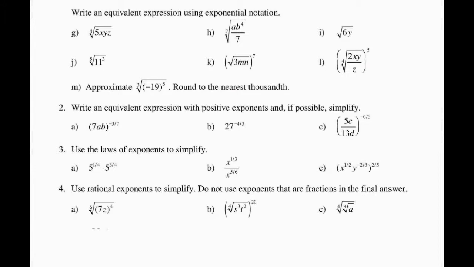Now, in doing these, we want to write equivalent expressions using fractional exponents. So what will our base be? And we have to put it in. Remember, the radical sign is a grouping symbol, so here we have to use parentheses.